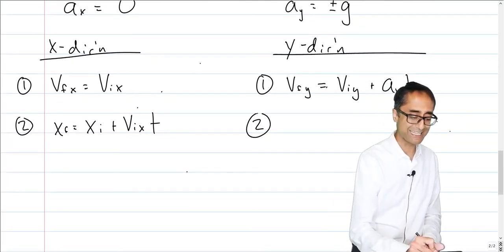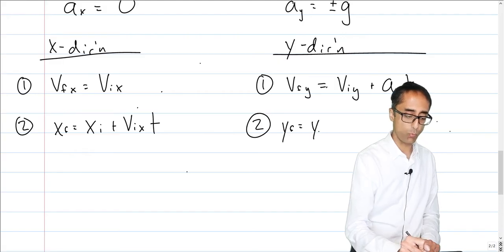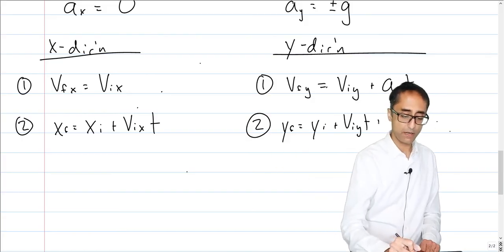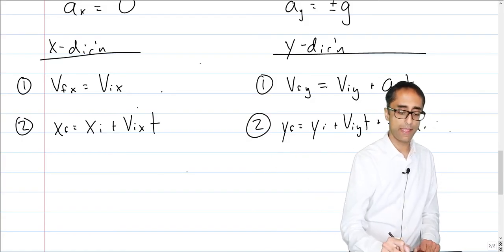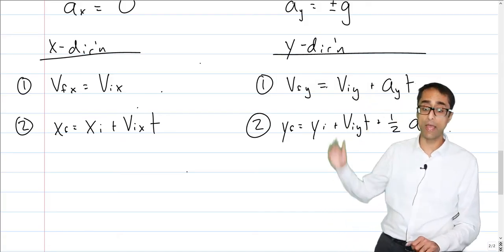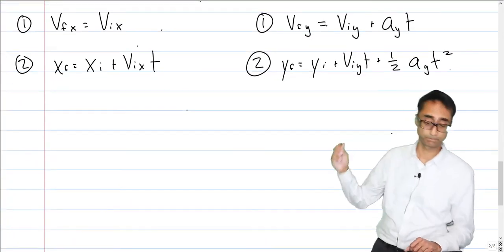Our second equation becomes y final equals y initial plus v initial yt, so far the same, but let's not forget our last term, 1/2 at squared, because this time again we do have an acceleration, just putting it up there.